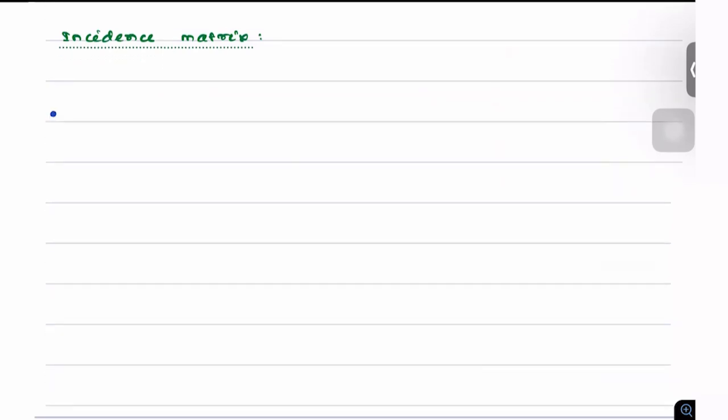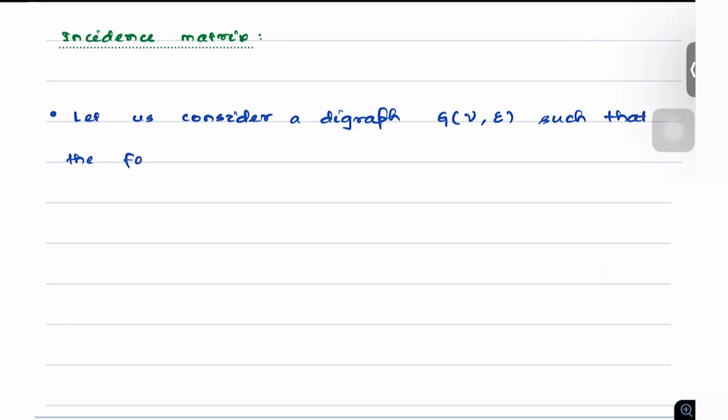We say, let us consider a digraph G consisting of a vertex set V and an edge set E, such that the following properties hold.